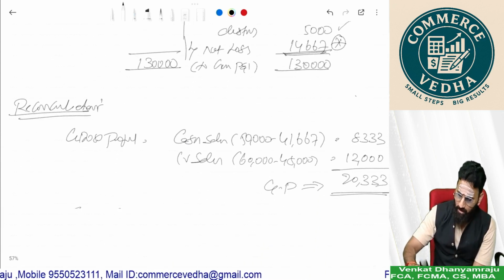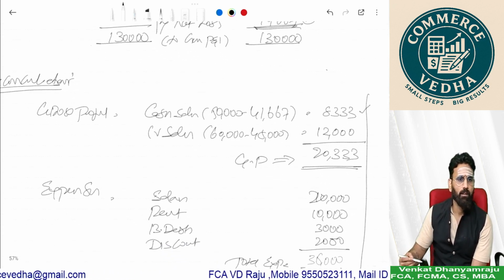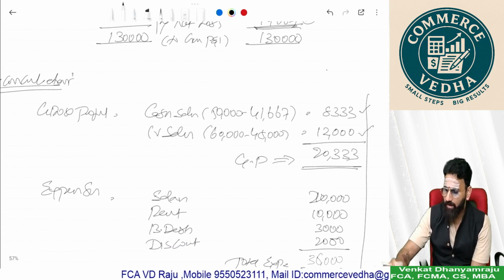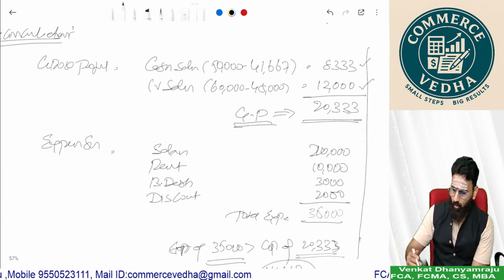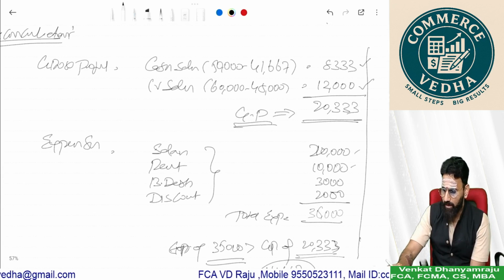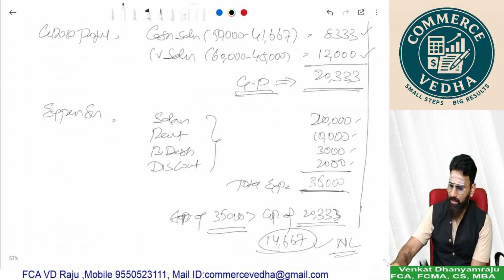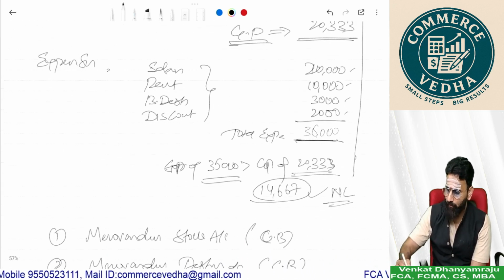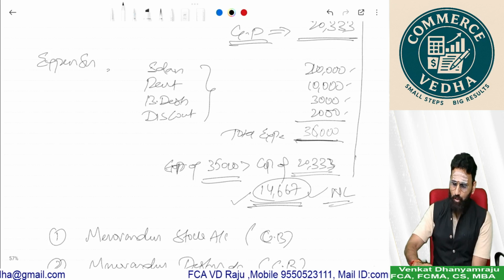To cross check the loss, we computed the profit made on cash sale, the profit made on credit sale, total gross profit, and all the expenses: salary, rent, bad debts, discount, total expenses. The difference between total expenses and gross profit is the net loss transferred to HO P&L account.